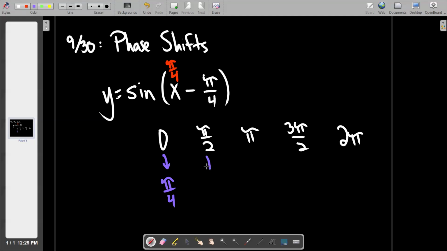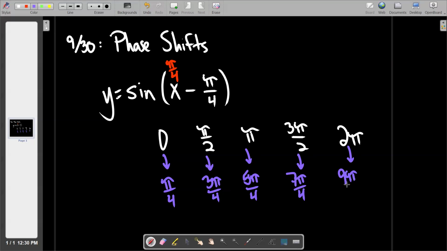Where does pi over 2 phase shift into? 3 pi over 4. What does pi phase shift into? Correct. What does 3 pi over 2 phase shift into? 7 pi over 4. Good. And then what does 2 pi shift into?